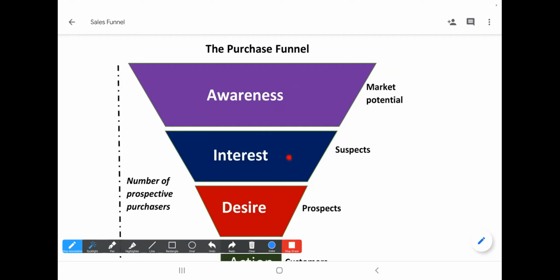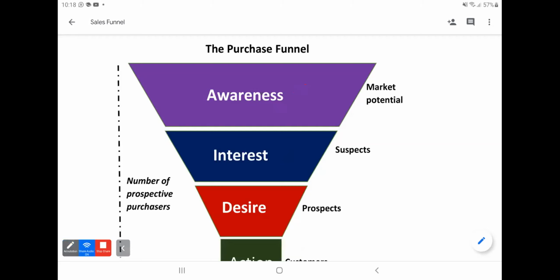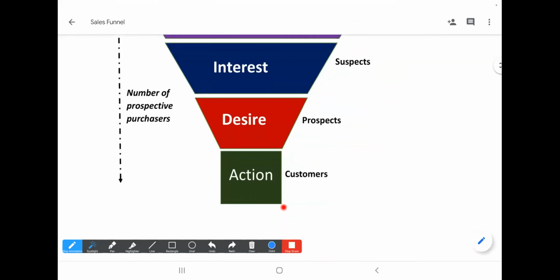At the interest level, there are few people out of those from the awareness part of the funnel who have interest in what you do, what you sell, and your products. However, not all of them that have interest have desire to buy. Those that have the desire to buy are the ones that fall under the prospect space of the sales funnel.